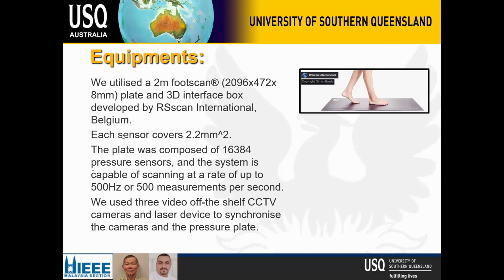Each sensor covers 2.2 millimeter square. The plate was composed of 16,384 pressure sensors, and the system is capable of scanning at a rate of up to 500 Hz, or 500 measurements per second. We used 3 off-the-shelf CCTV video cameras and a laser device to synchronize the cameras and the pressure plate.